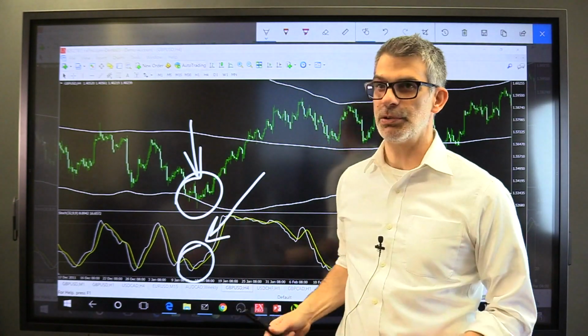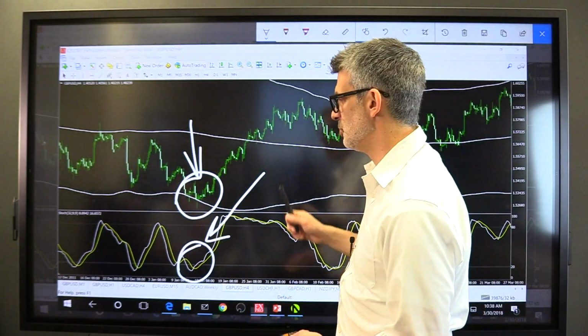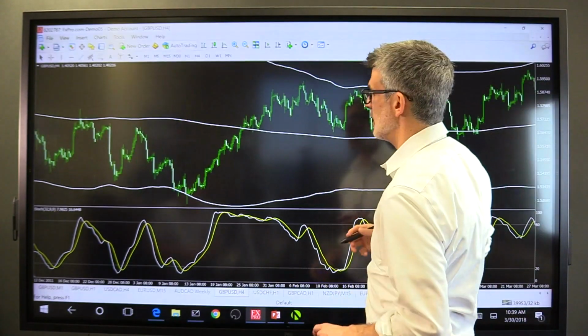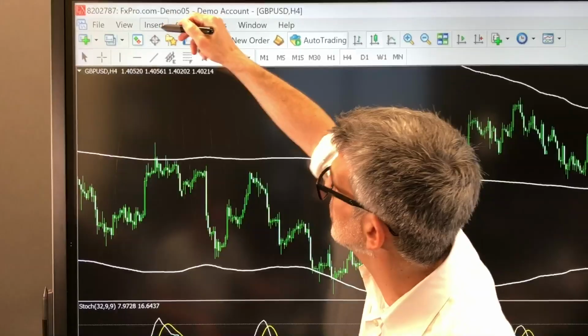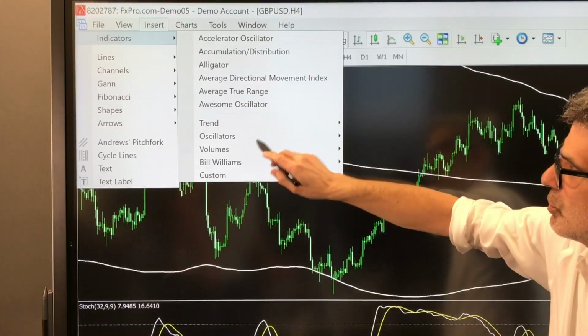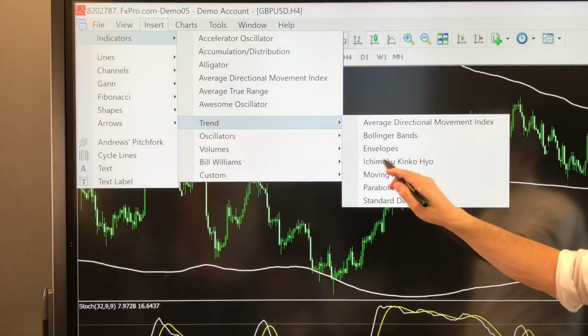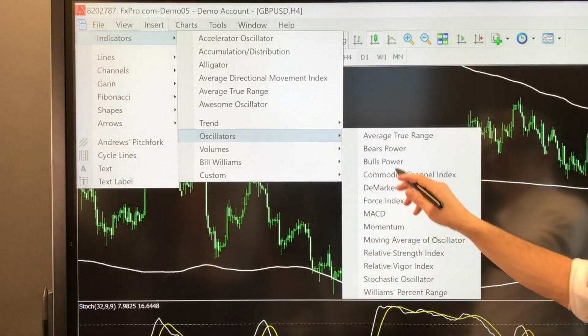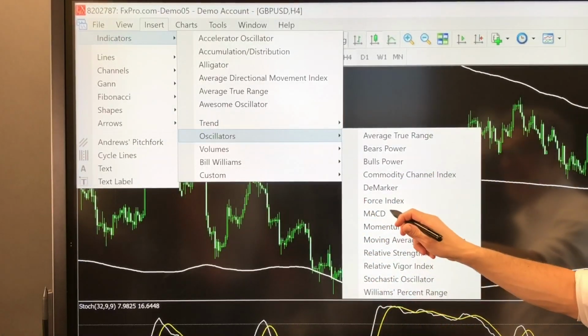What we've just done here is we've played with the numbers behind the indicators. And what you could do now as your homework or as an assignment is pull up any number of indicators on your charts. Any of these: the average true range, the trend indicators, the Ichimoku Kinko Hyo cloud, the commodity channel index, the MACD.